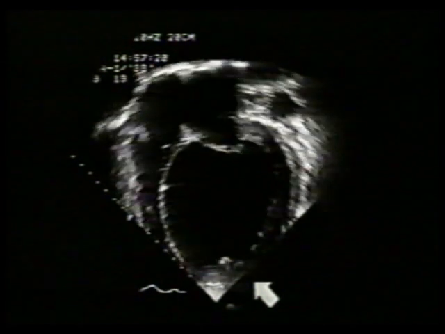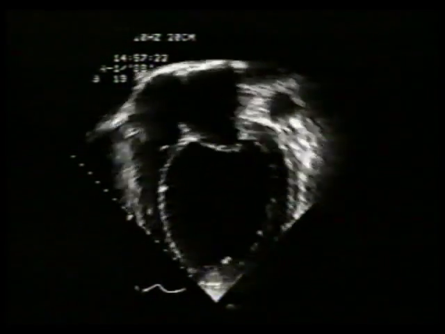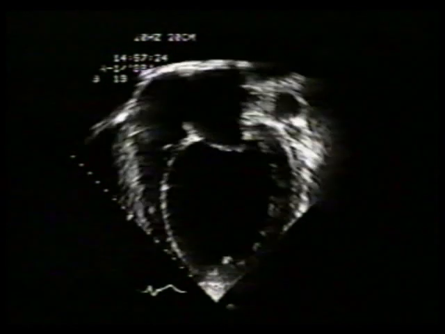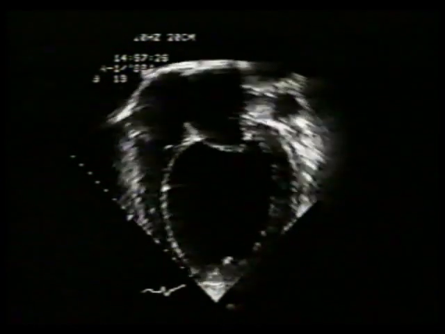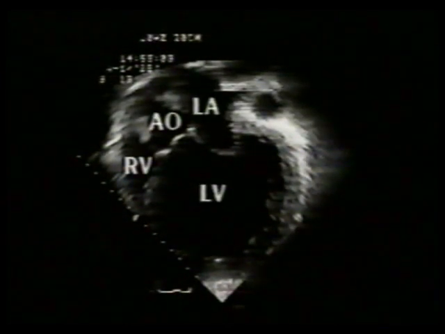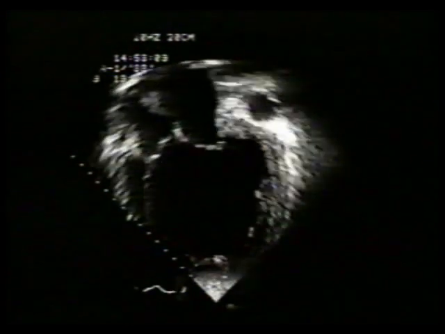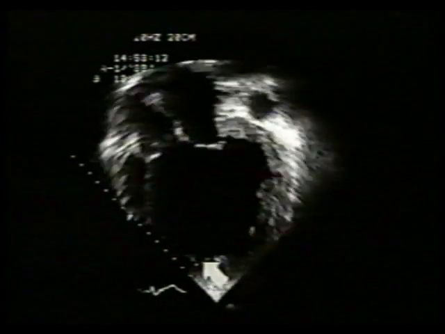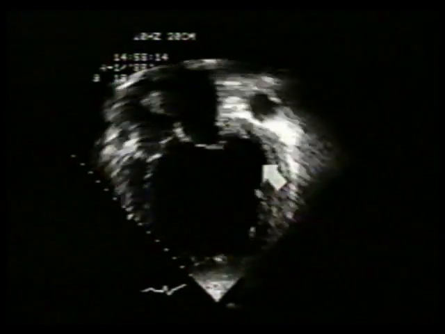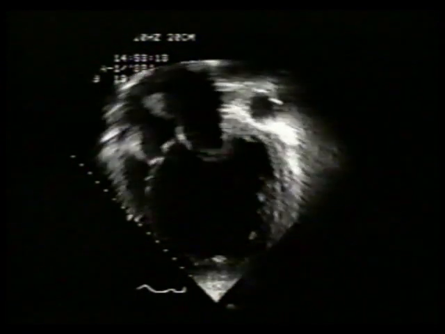Note the marked rocking motion of the heart. The severe uniform reduction in global LV function is also evident in this apical long axis view.